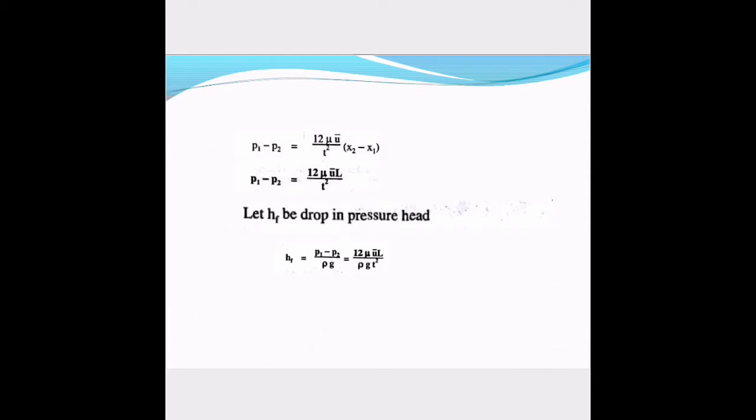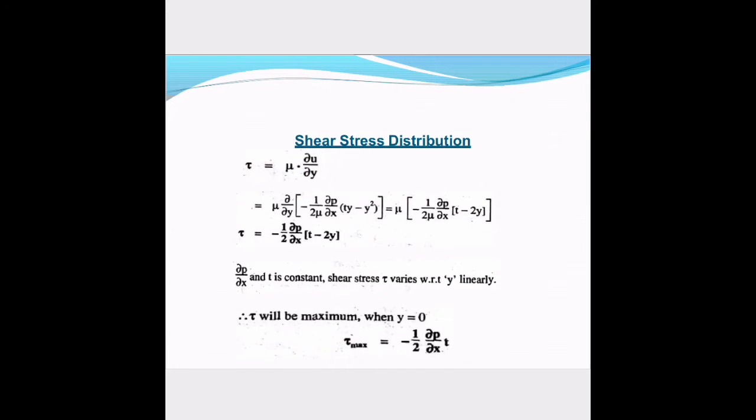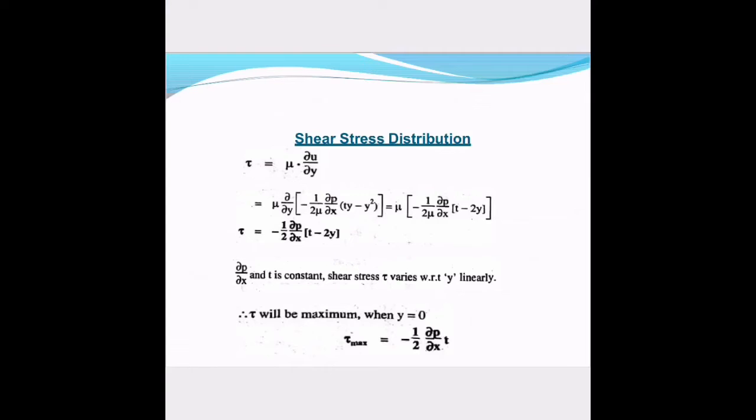So ultimately we have got HF, drop in pressure head, HF equal to P1 minus P2 divided by rho g.